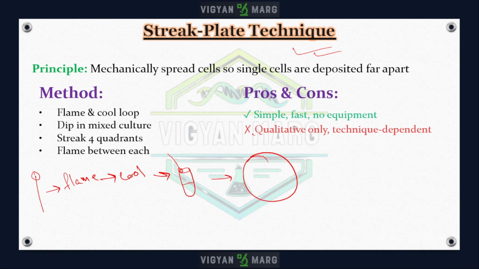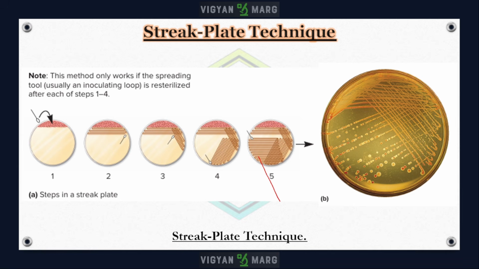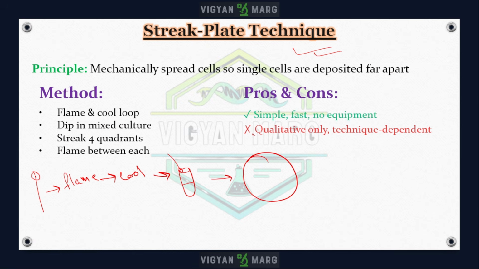Now for the streaking case you can divide in two coordinates, like this, or you can divide into four coordinates. I'm showing only the two coordinates.